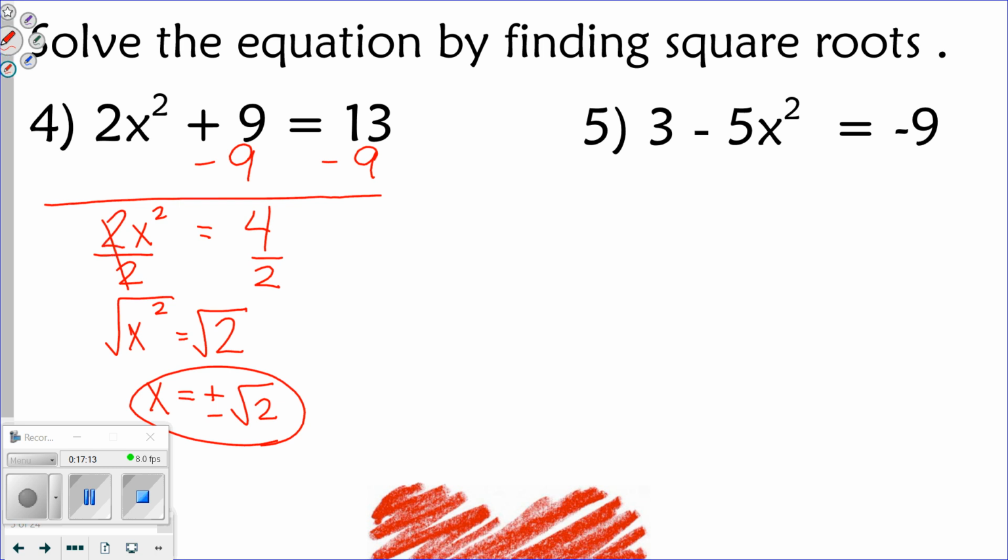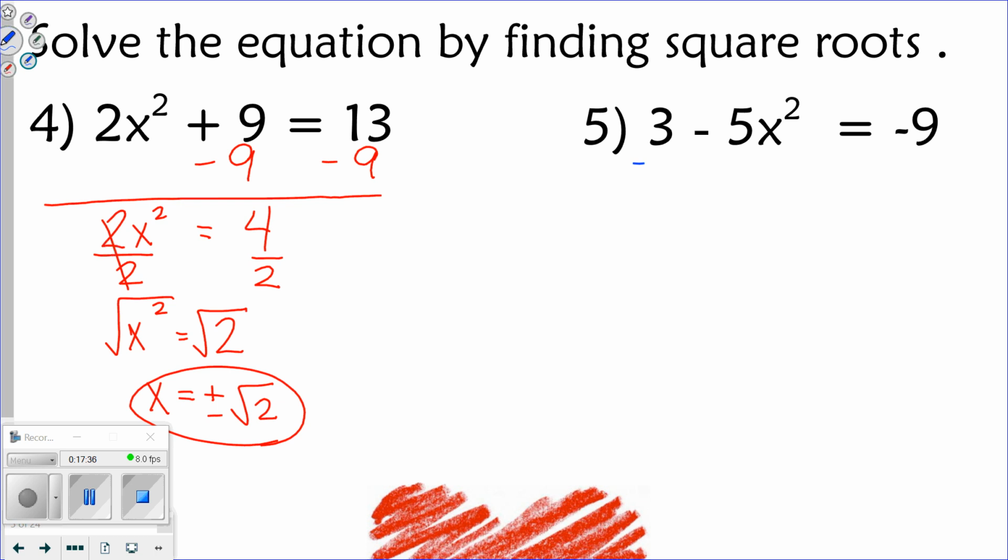All right, number 5. What do you do with that one? Nope. Try again. Look at your paper. What's it say your first step is? Does it say set it equal to 0? No, factoring is equal to 0. This one is isolate your x squared.